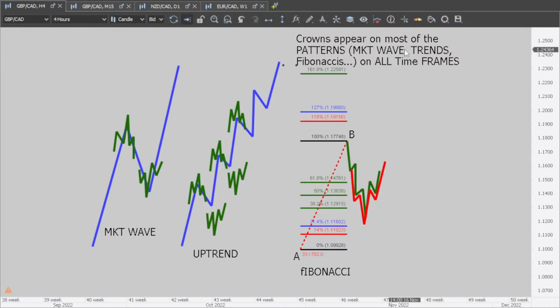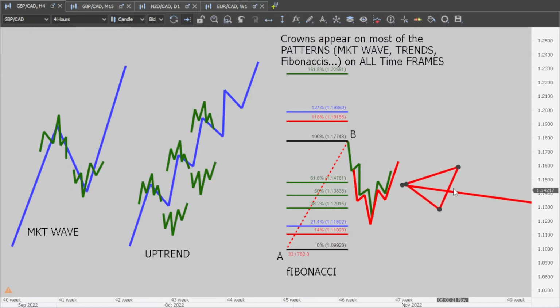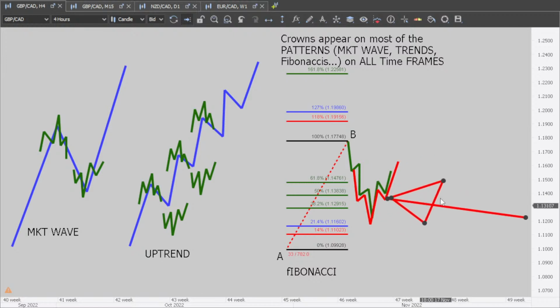Some of you are trading the Fibonacci's, you can use crowns to improve your timing. When is the right time to enter the Fibonacci sequence? It doesn't matter if the C is confirmed or not. Make sense? You can use crowns to improve your timing of the market.